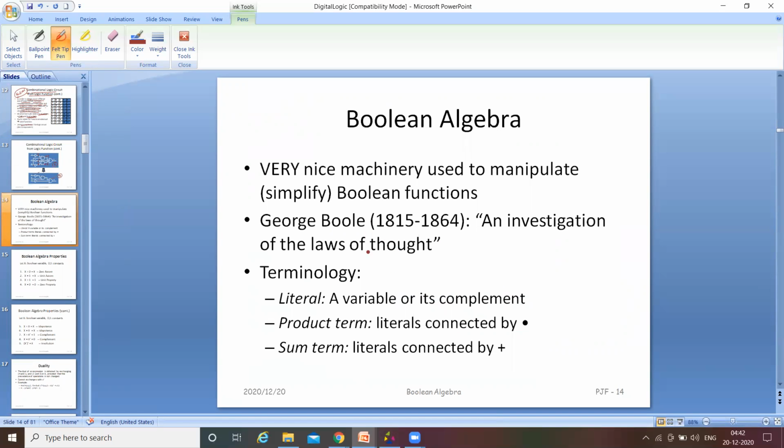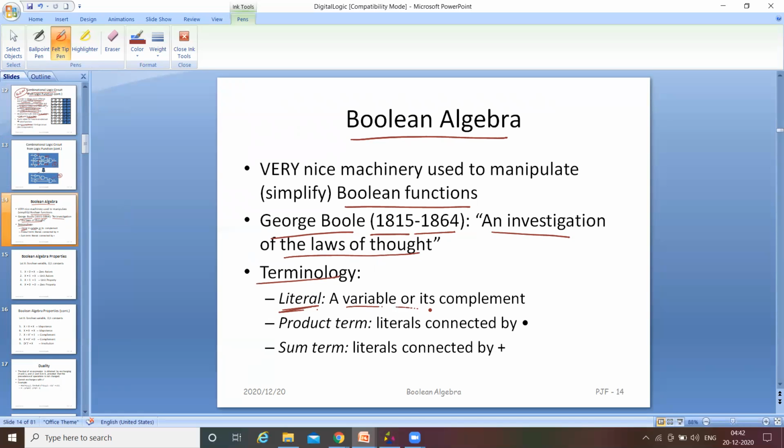Next, Boolean algebra. It is a very nice machinery used to manipulate or simplify Boolean functions. George Boole, 1854, wrote An Investigation of the Laws of Thought. Terminology used in Boolean algebra: literal.